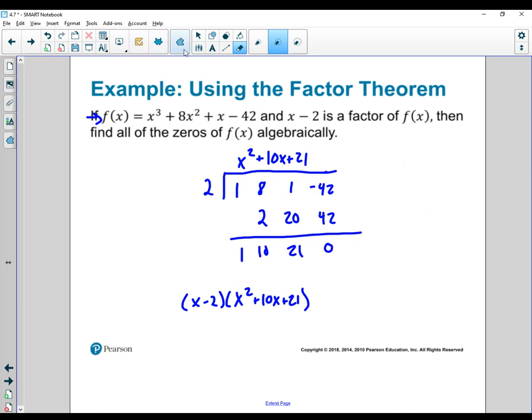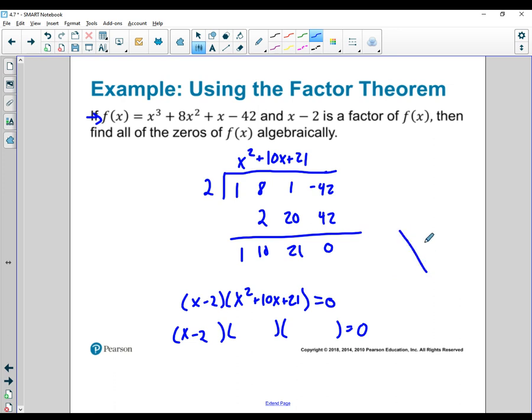Now, we're finding the zeros, so set this equal to 0, and then it helps to factor this out again, that x minus 2 can stay. This can factor, or you could use the quadratic formula if you remember it, or any other things you may remember. And you guys love the little diamond thing here, where you multiply to that last number, 21, and add to the middle number, 10. Right, what two numbers do that? 7 and 3.